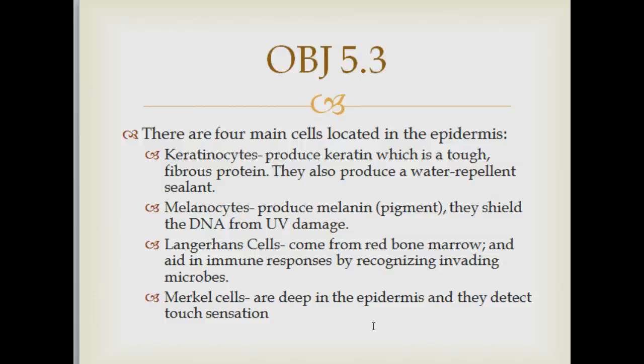So they will recognize and mark a microbe, anything foreign that does not belong there, and tell the dendritic cells or tell the immune system, hey, this does not belong, it needs to be taken out. The Merkel cells are deep in the epidermis, but they do detect touch sensation. Very important that they detect that.